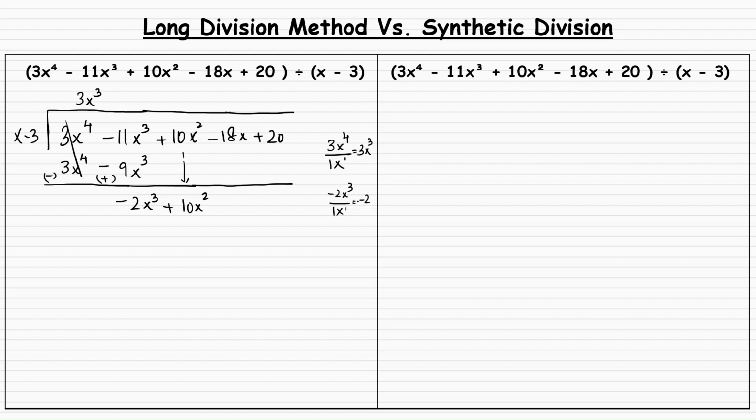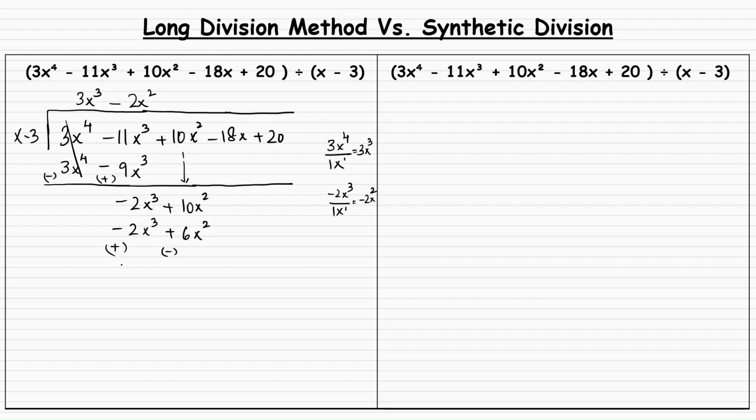X cube divided by x1 is x square. So this is my next term in the quotient, negative 2x square. Multiply negative 2x square with all the terms in the divisor. Negative 2x square multiplied by x is negative 2x cube. Negative 2x square multiplied by minus 3 gives me plus 6x square.